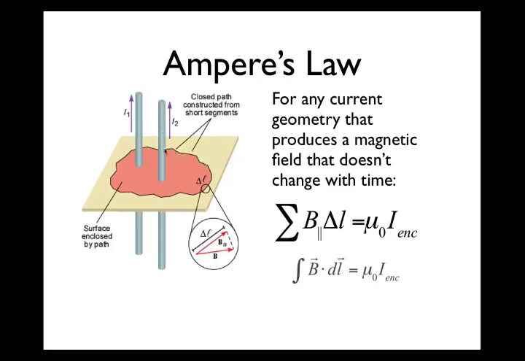You can construct a path, and it doesn't matter what shape that path is, around a current-carrying wire or multiple current-carrying wires. Again, it doesn't matter. What matters is, when you go to do the calculations, how much current is enclosed within the path that you've arbitrarily drawn around one or more current-carrying wires.